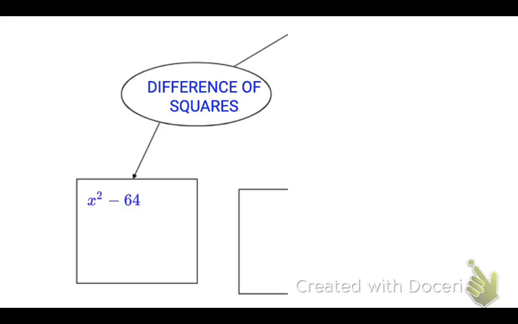So we can look at this problem, x squared minus 64, and again, the x is being squared. 64 has a perfect square root of 8. So when we factor that one, we're going to look at the 2 things being multiplied together and using those.